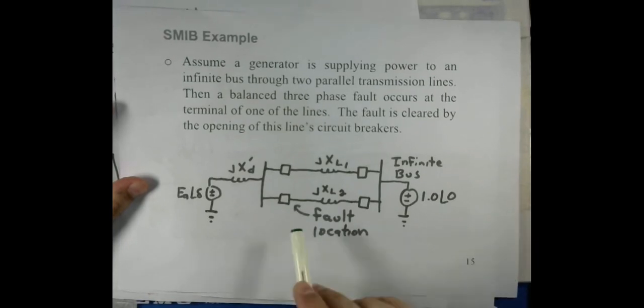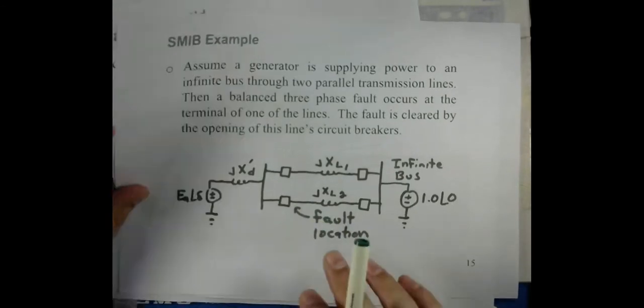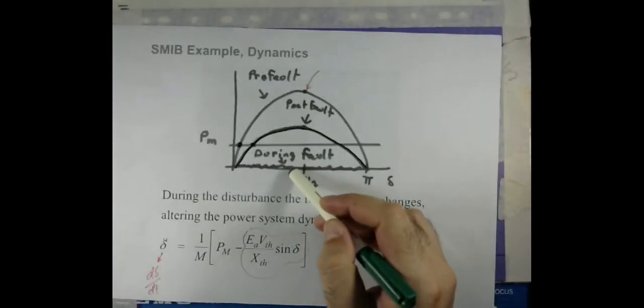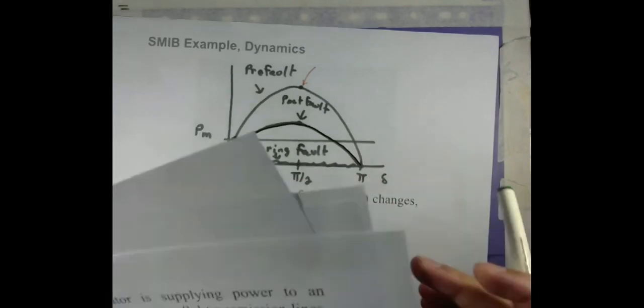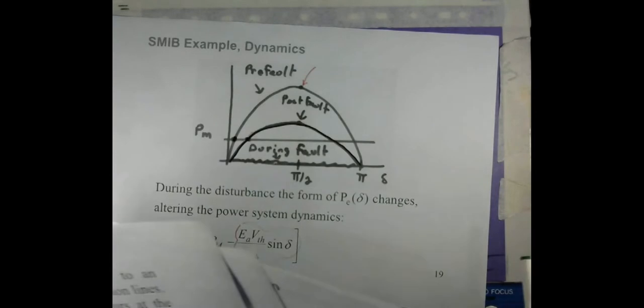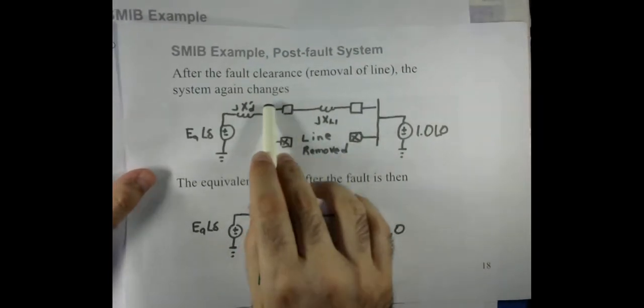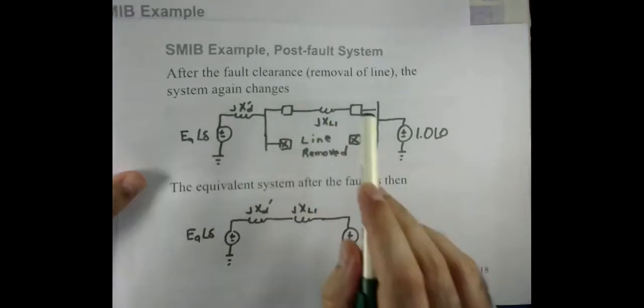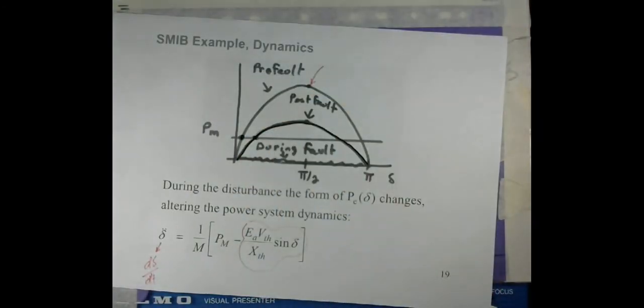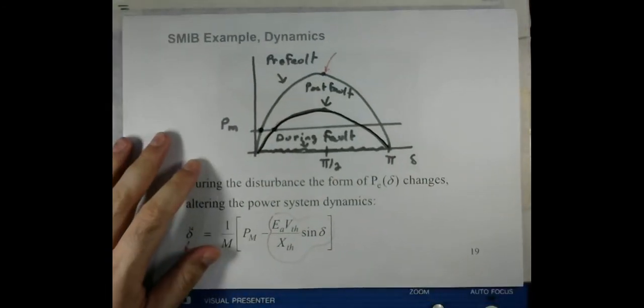If a fault appears, and let's assume it's a short circuit type fault, then during that time there will be no transfer of power. And even when the fault is cleared by, let's say, opening the circuit breakers, one line is removed, meaning the capacity of the power transfer will reduce. So we discussed all those three cases in detail.